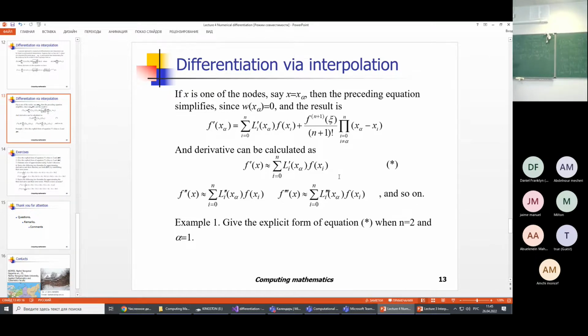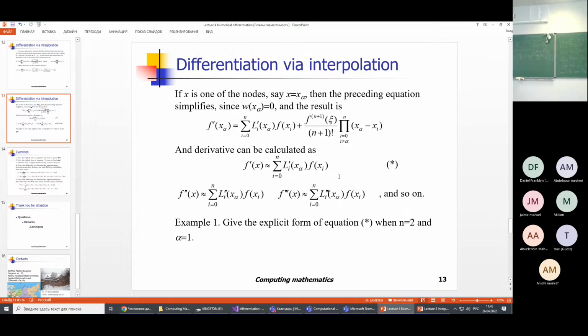The derivative of the sum equals the sum of the derivatives. Then we have a constant multiplied by the function. We can move the constant outside the sign of the derivative. And finally, we should find the derivative of x minus x1 times x minus x2.